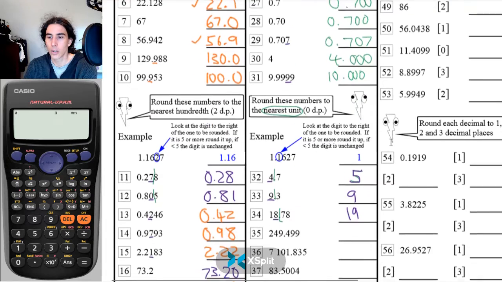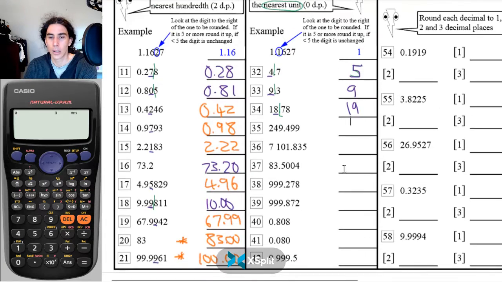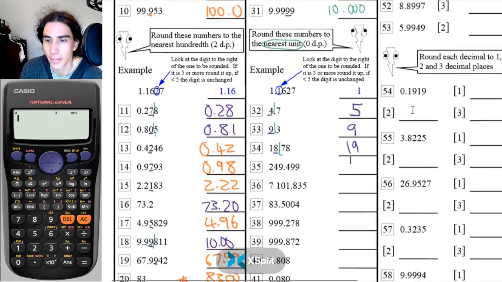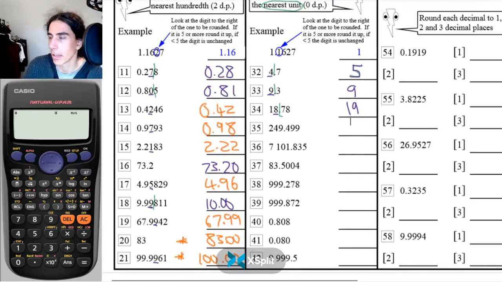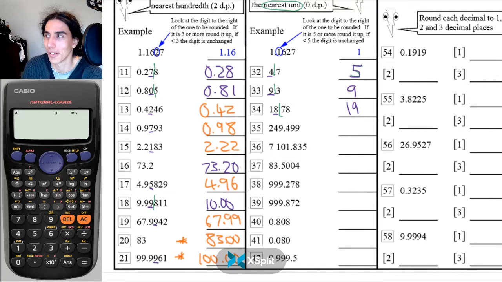And also have a go at the rest of it. Actually, yeah, do this and this one up here. But no, I always give you a bit of help. Okay, just this one. I should give you a warning. Answers in 3, 2, 1.